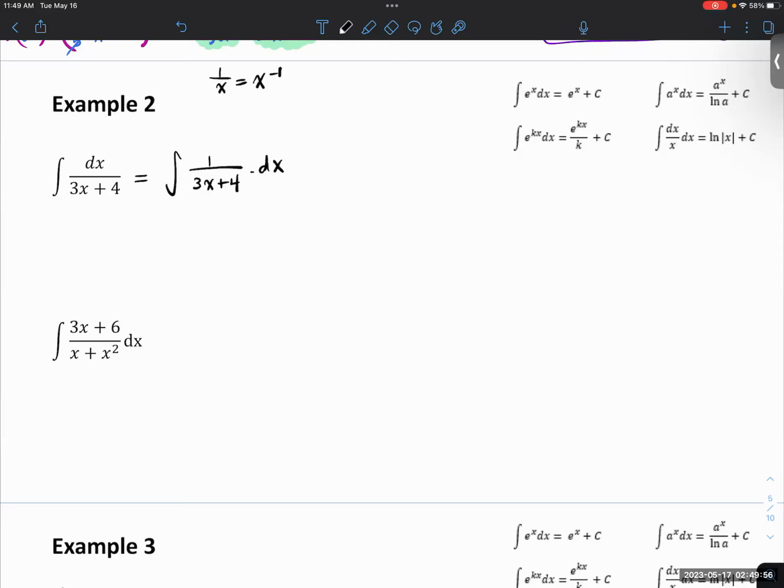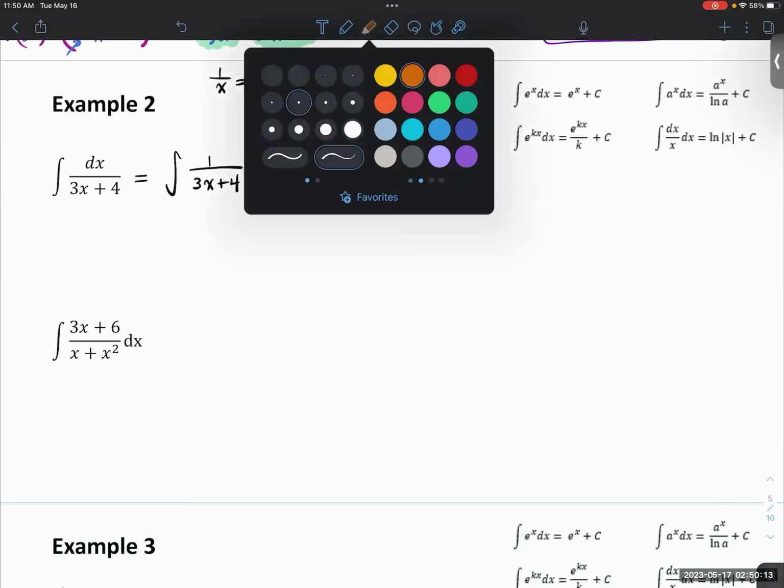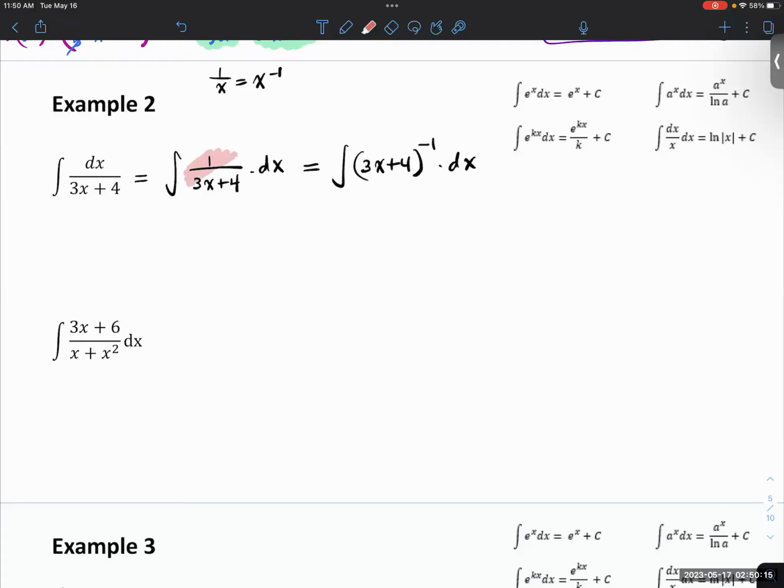Reciprocal negative exponent: you can change it to positive by taking the reciprocal of the fraction. So it means 3x plus 4 to the -1. That's the 1 over 3x plus 4. So many people forgot this part. I'm going to really, really highlight it. 1 over 3x plus 4 is the same as 3x plus 4 to the -1.